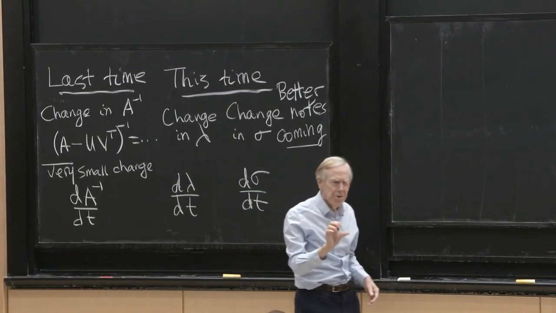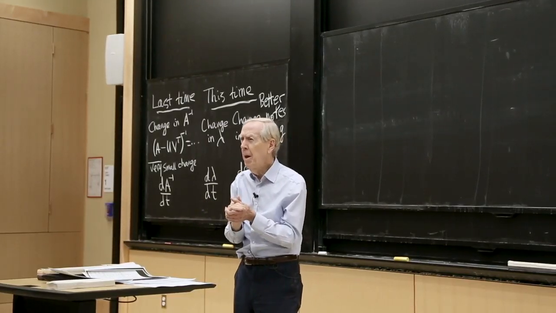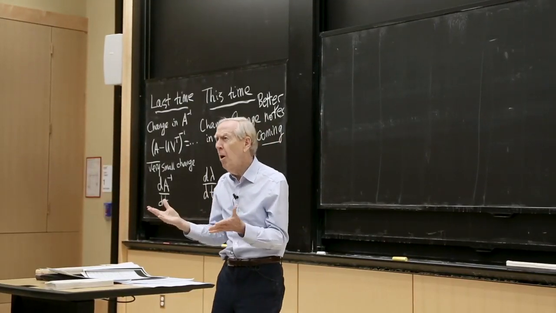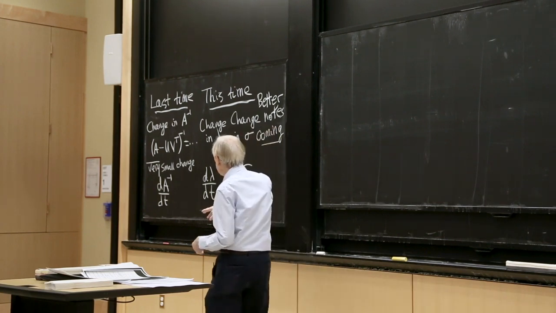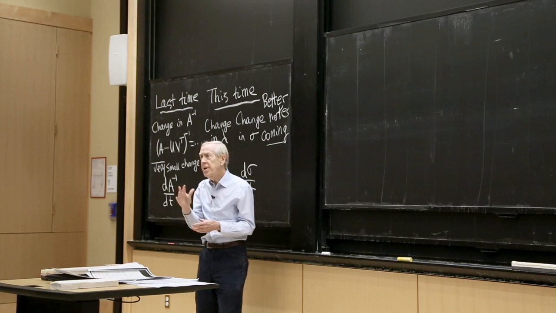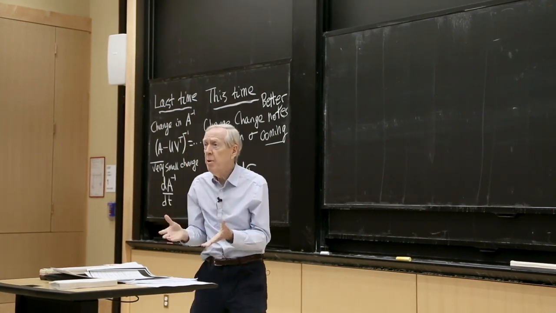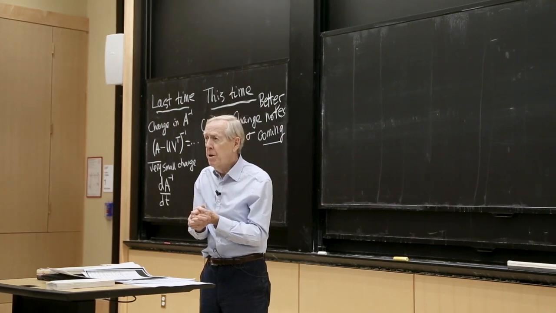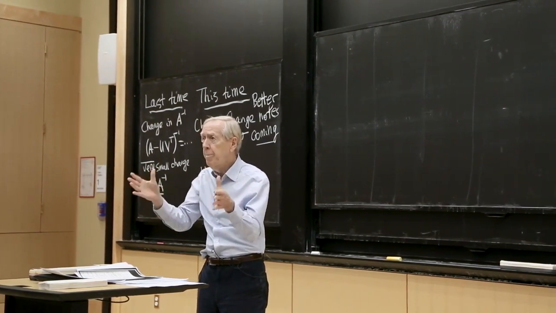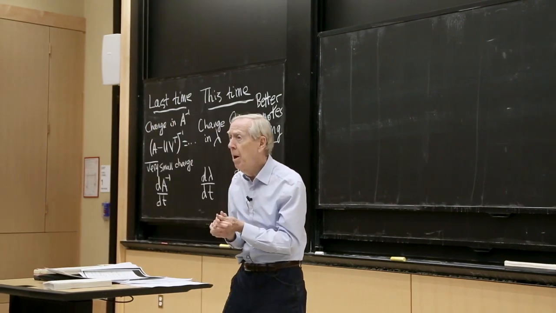But I realize there's another question that we can answer. When the change in A is dA or delta A, a small change, that's of course what calculus is about. So I have two parallel topics here.